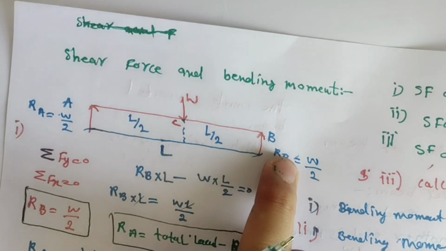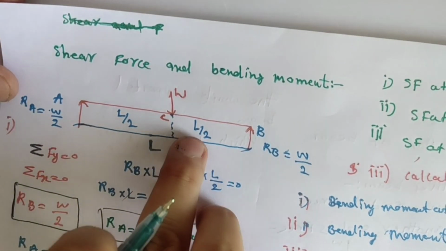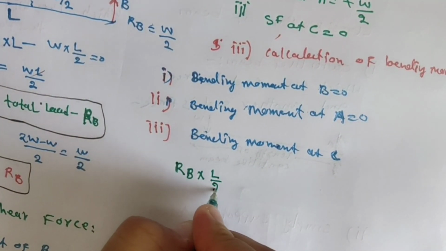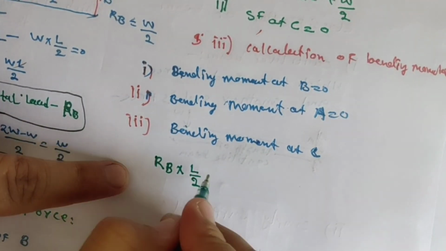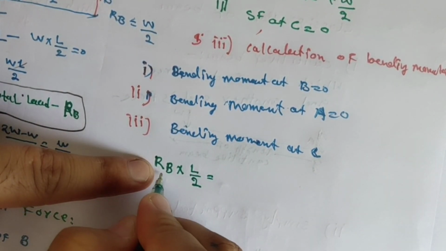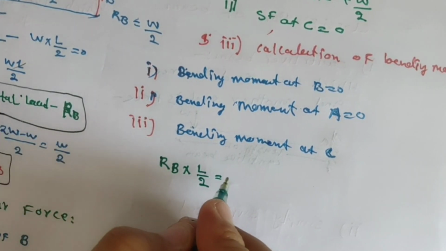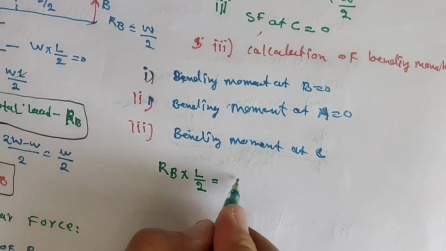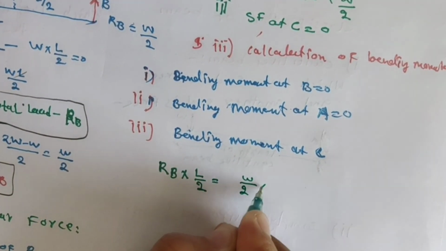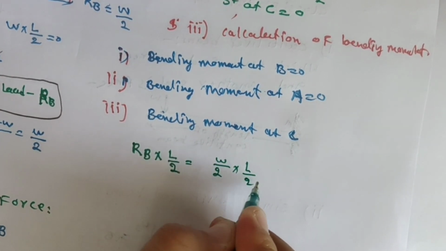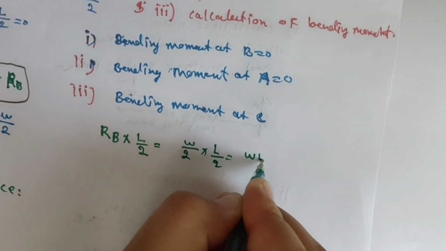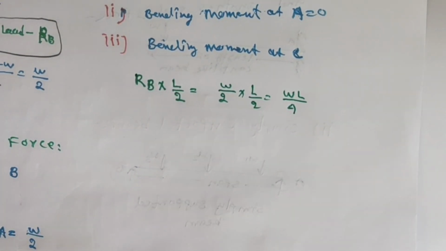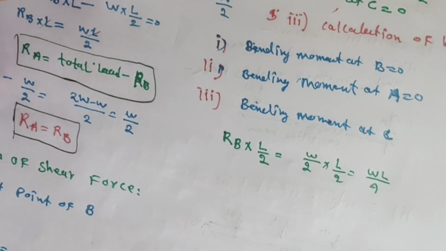What is RB? We substitute the value of RB. RB is equal to W by 2. So W by 2 into L by 2 is equal to WL by 4. This is the moment at the point of C.